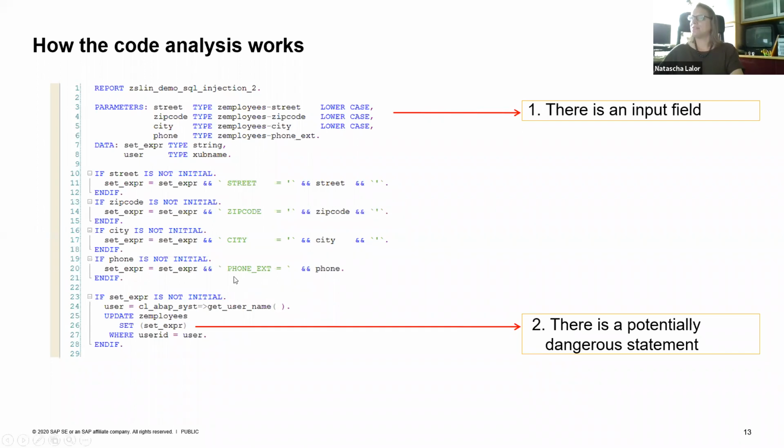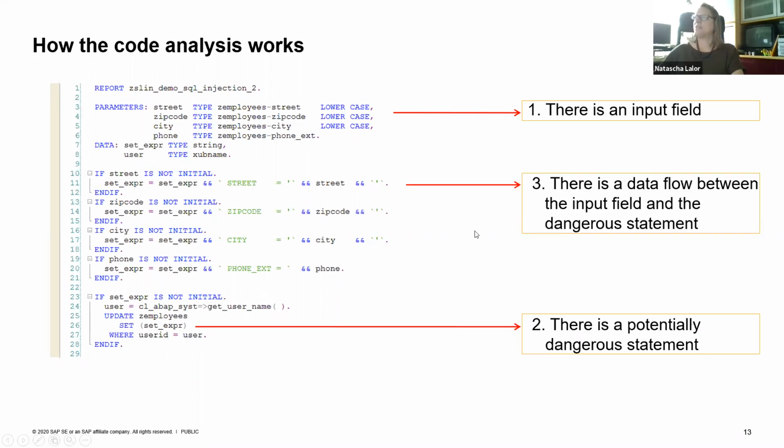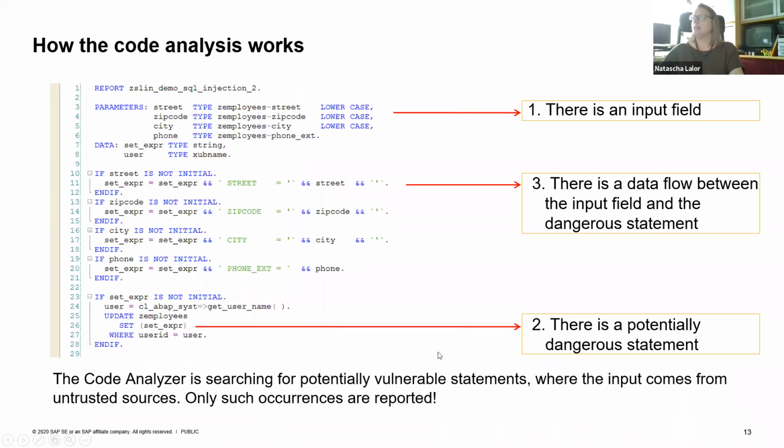And of course, it's such an expression here that made it possible to set this salary variable in the end. And of course, that's the data flow here in between this input field and then in the end, that statement here. Right, so this is a nice thing that the code vulnerability analyzer is basically checking where is the source coming from, where is that value coming from actually.